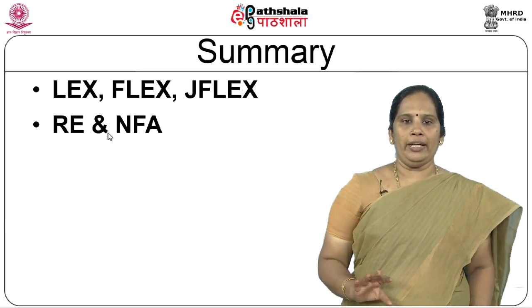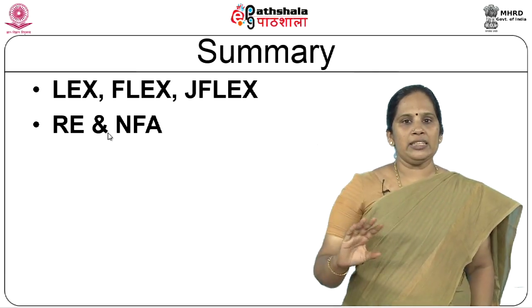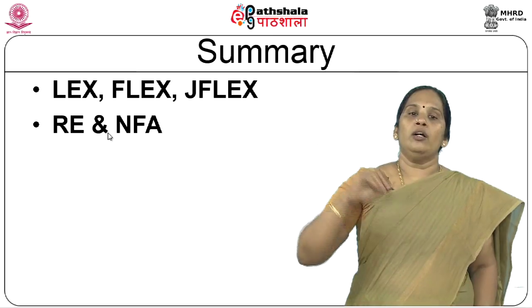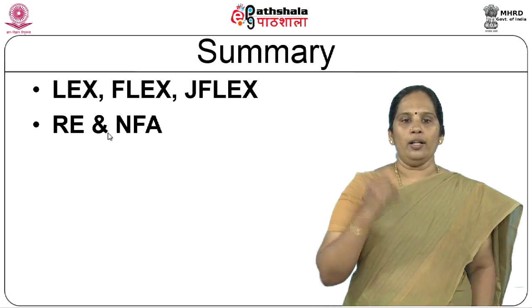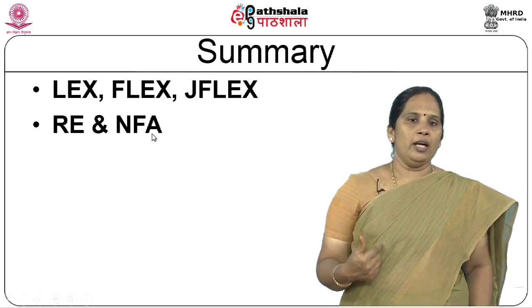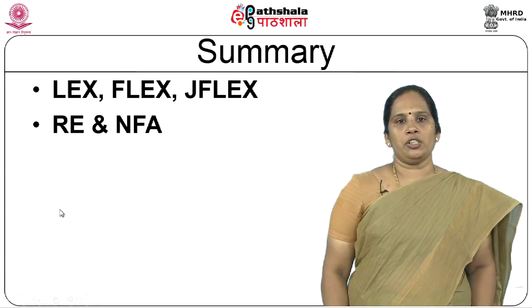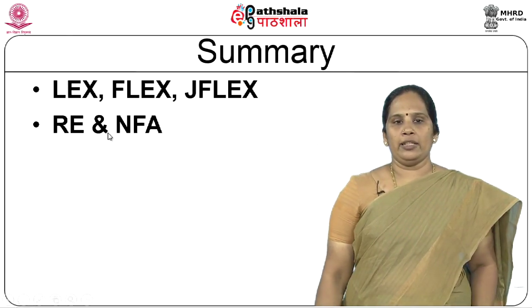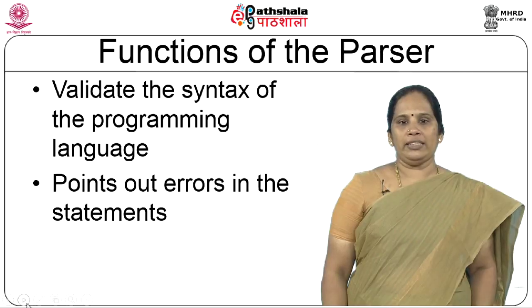All you have to do is declare and initialize some variables in the first section, in the second section write patterns and the actions for a particular pattern, and in the third section call the appropriate functions so that the pattern is matched and the action is taken to give you a sequence of tokens. Rather than going with the construction of an RE and an NFA, this is much more convenient and much simpler. The next module is the parser. So, we conclude this module with this summary.